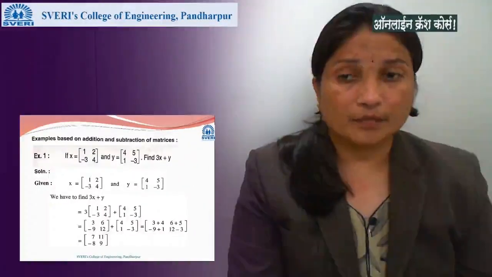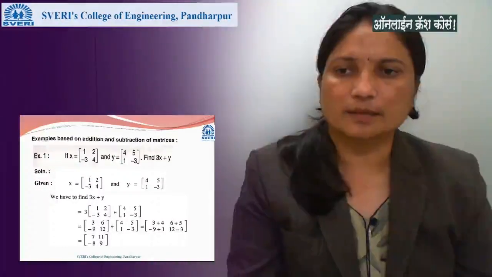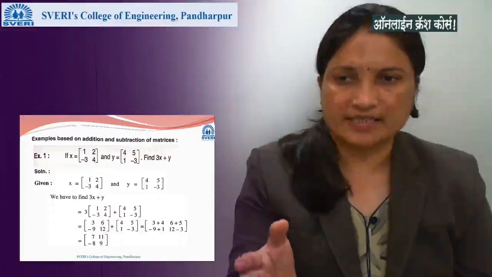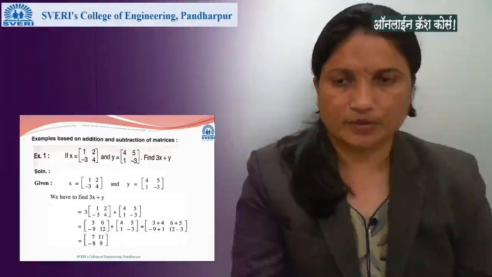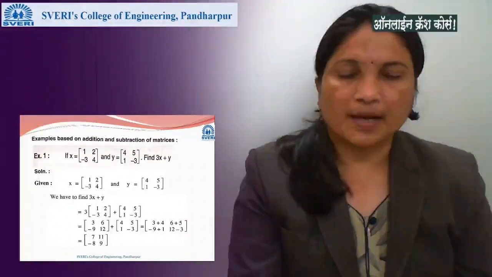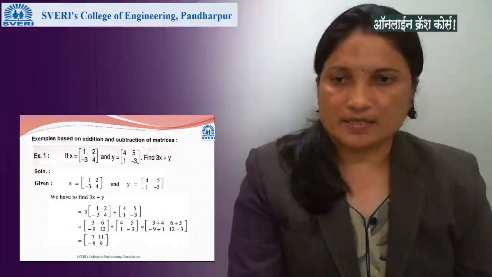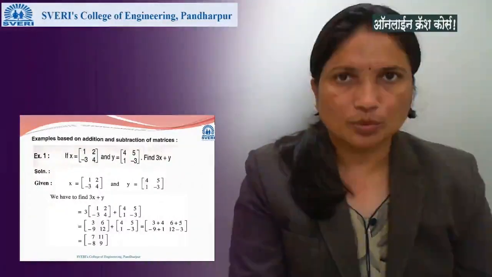And what is given here? 3x. So we have to multiply the given matrix x, which has elements 1, 2, minus 3, 4, by 3. So 3 into x gives 3, 6, minus 9, 12, plus y we keep as it is, and after that we add these two matrices.